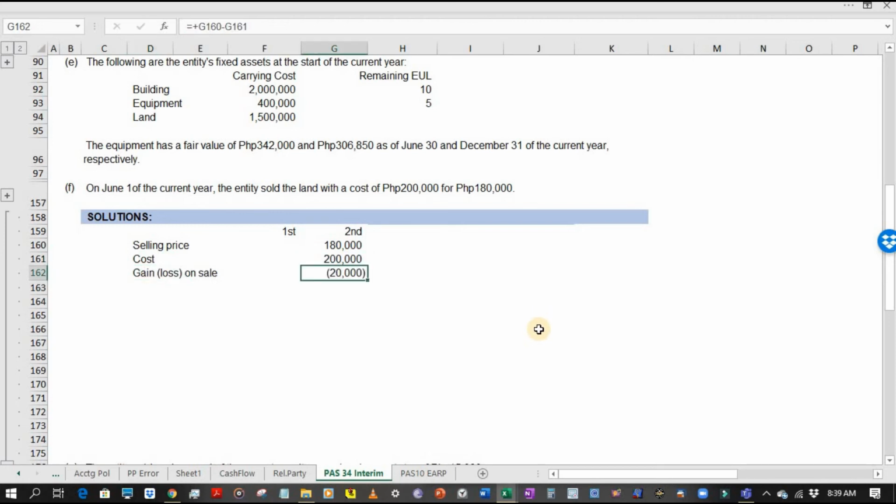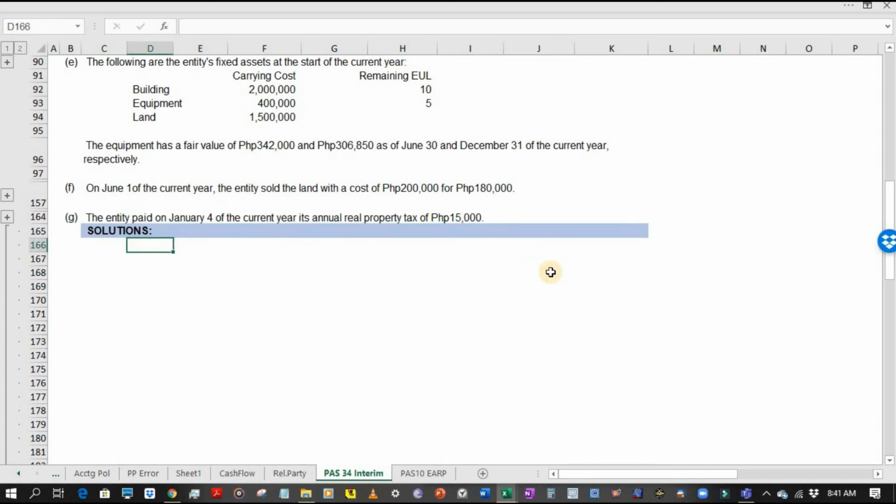And again, this will be immediately recognized in the second quarter, specifically June 1. Again, the 20,000 pesos will not be allocated among the 4 quarters of the year. So it will be recognized only for one quarter. Then for annual purposes, it will be presented in the income statement at 20,000 pesos.